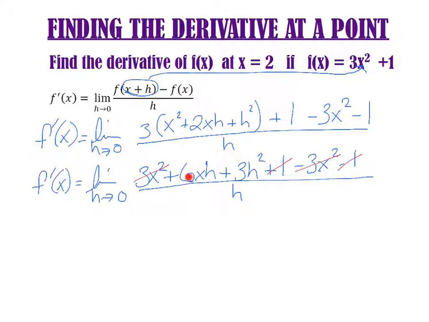Now what's left has to be divided by this h, but it looks like both of these have an h that could divide out. This would go away, and this would turn into a 1. And then I could cross that h off. Now I have the derivative is equal to, I have not yet put 0 in for h, so leave that limit there.